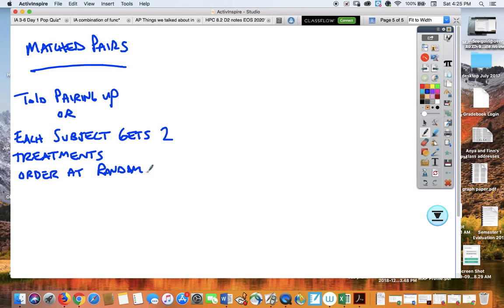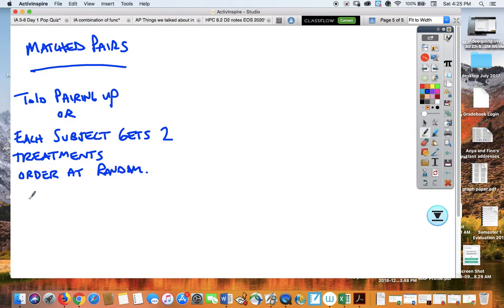So we've had an example before where like a worker is listening to music one week and then not listening to music another week. So that doesn't mean that everyone is going to listen to music first and then not listen to music second. That order is going to be decided at random. So maybe like the flip of a coin, heads, you listen to music first, tails, no music first.